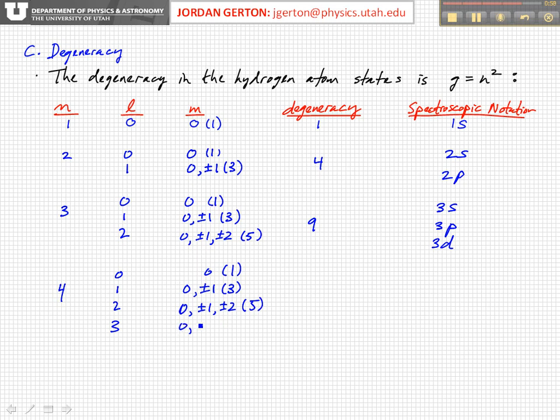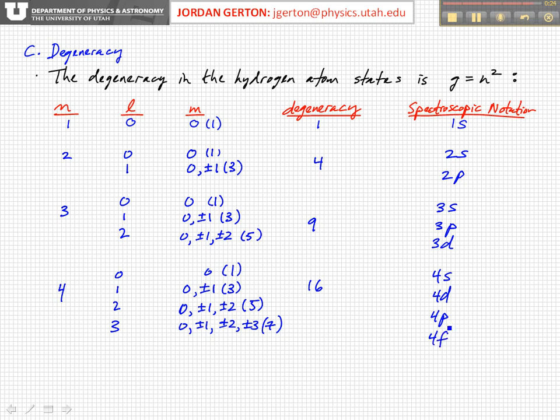And for L equals 3, 0 plus or minus 1 plus or minus 2 plus or minus 3, that's 7. So we have 1, 4, 9, 16 is the degeneracy. And again, this would be a 4s orbital, a 4p orbital, a 4d orbital, and a 4f orbital.